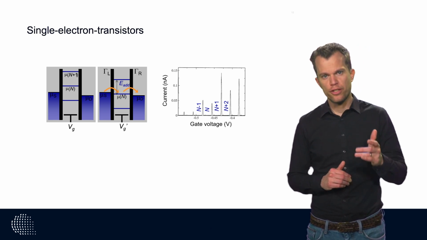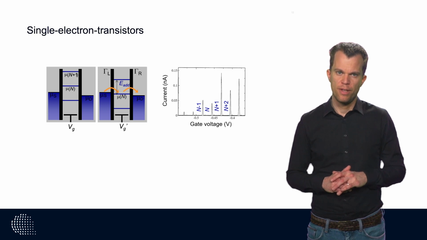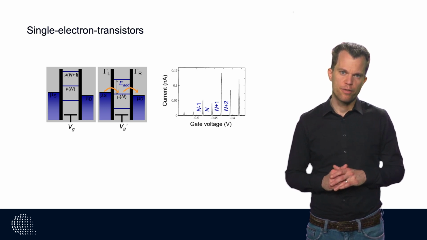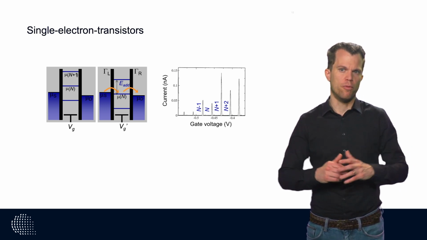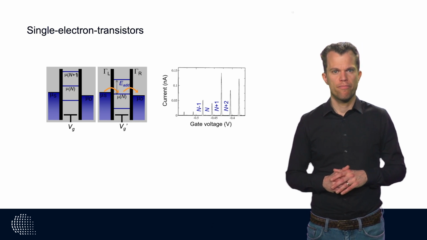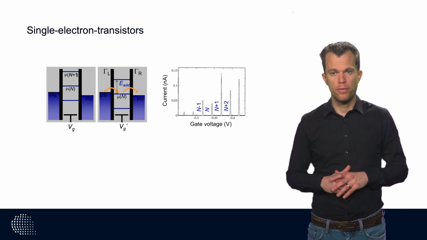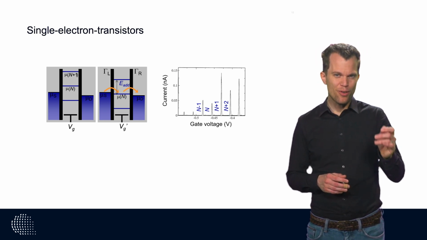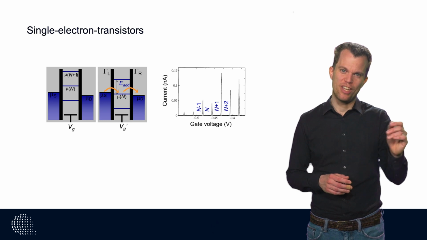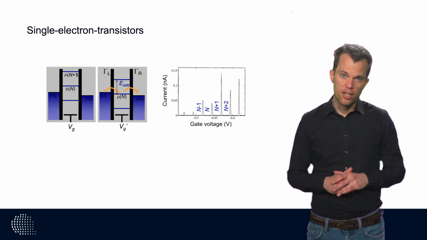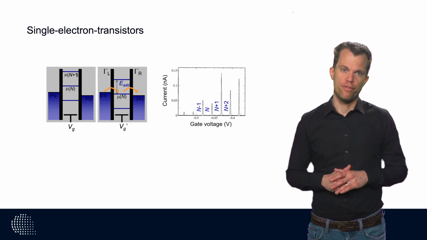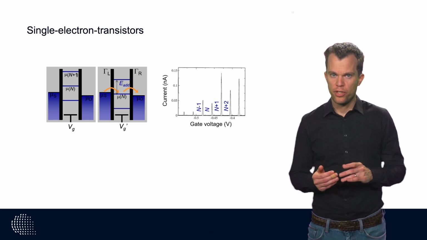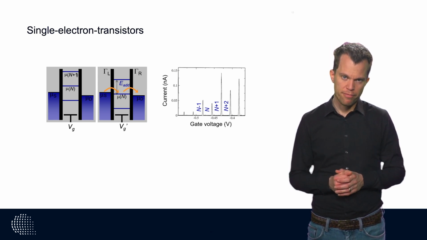This means that the current through a single electron transistor is strongly dependent on the electric field. This field may come from the gates to tune the quantum dot. The electric field may also come from electrons in other nearby quantum dots. That is, a single electron transistor is a good sensor for nearby electric charge, and that turns out to be very relevant for quantum computation with quantum dots.